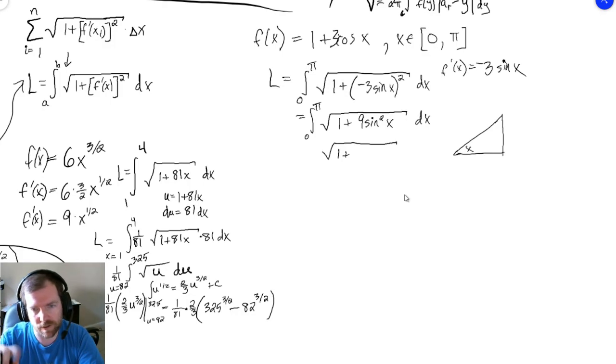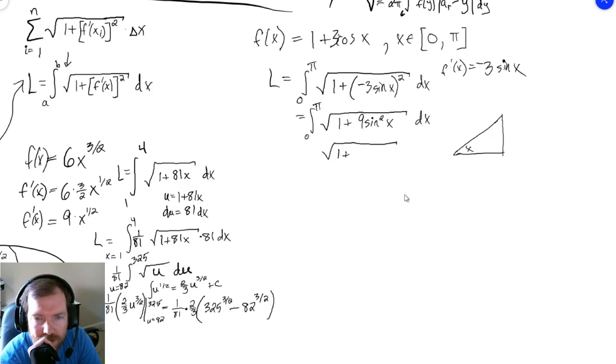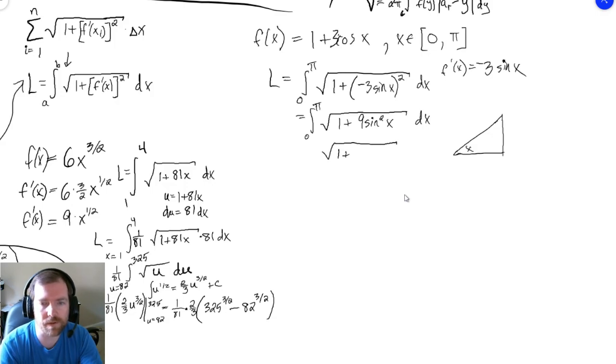So then we can determine what that is in terms of the trig substitution. But in this case, we've actually got something that's already a trig, and it's a trig squared. I might be getting myself into trouble here, so hooray.